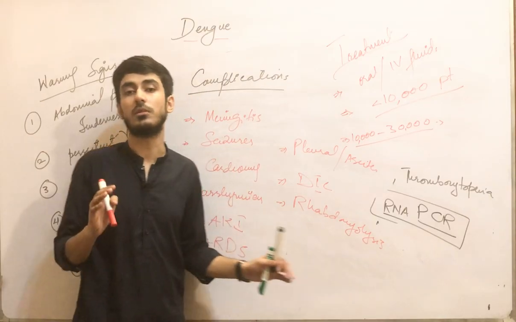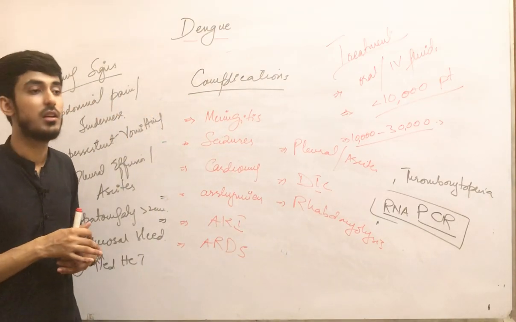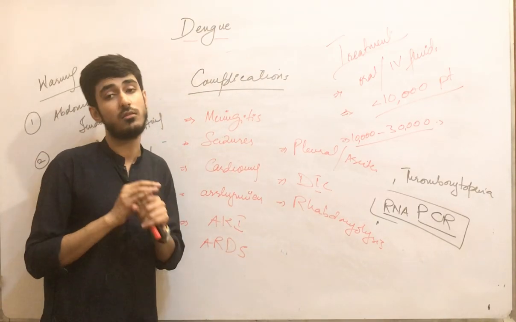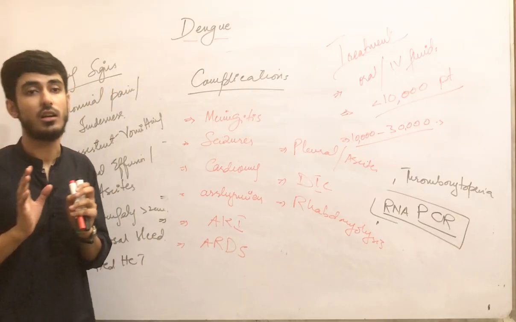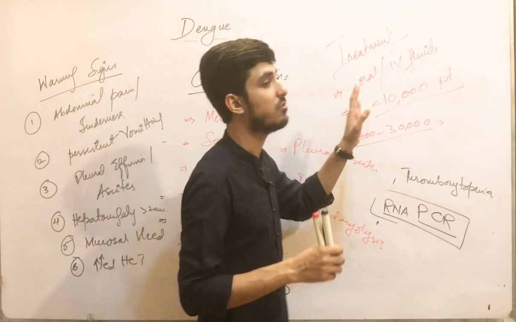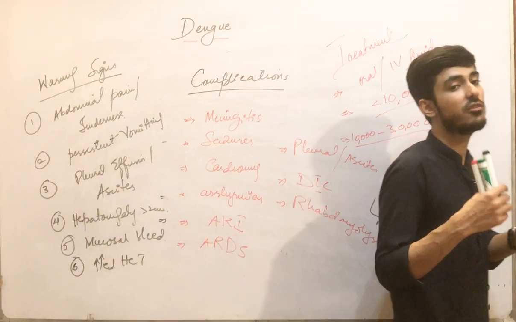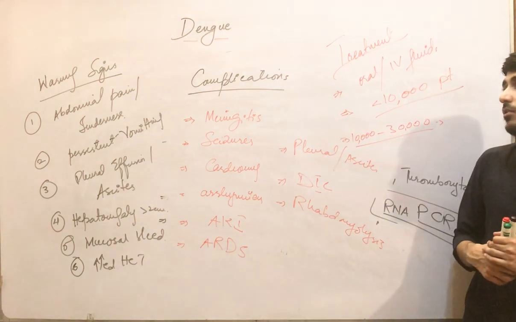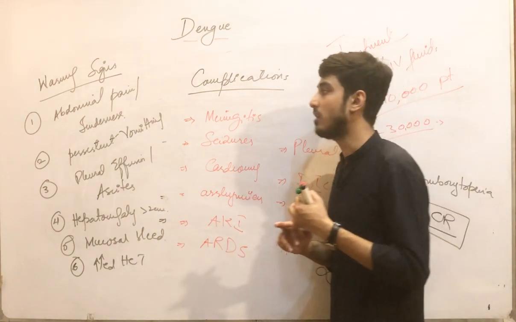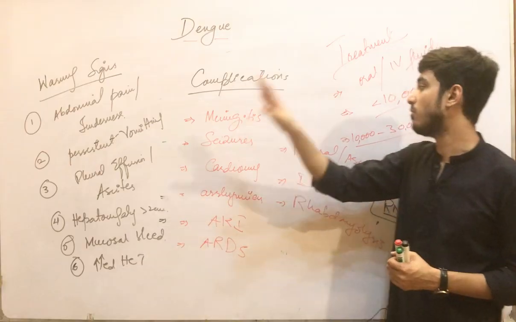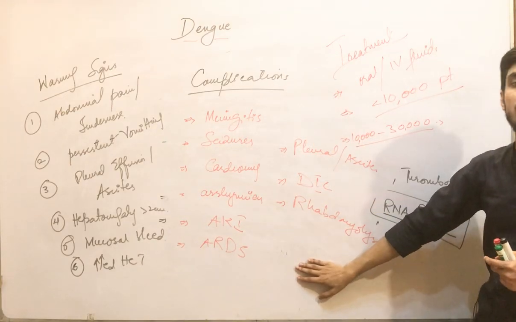You have to monitor the patient for these. That's why monitoring is very important. I'm already telling you about oral fluids, IV fluids, and platelets, but monitoring is very important. You have to monitor CBC daily, monitor the warning signs, and monitor all the complications.